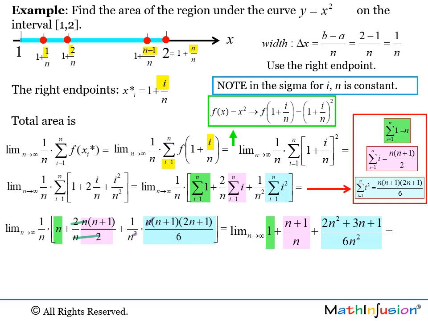So I'm cancelling, distributing the 1 over n, and I get the limit as n approaches infinity of 1 plus (n plus 1) over n plus, expanding (n plus 1) times (2n plus 1), we get (2n to the power of 2 plus 3n plus 1) over 6n to the power of 2. One of the n's is from the 1 over n before the bracket, and the other one is because I have 1 over n there.